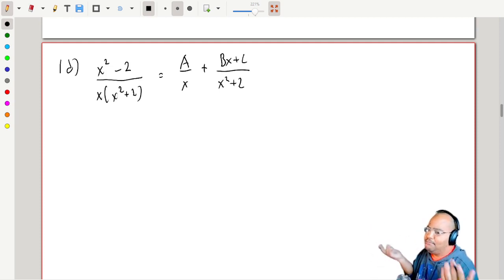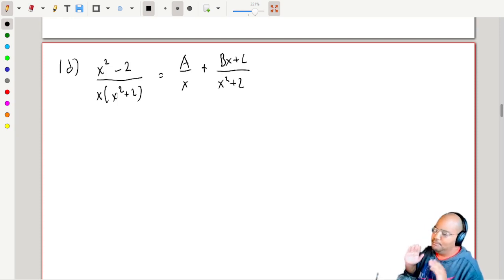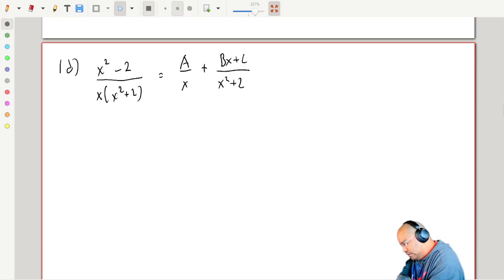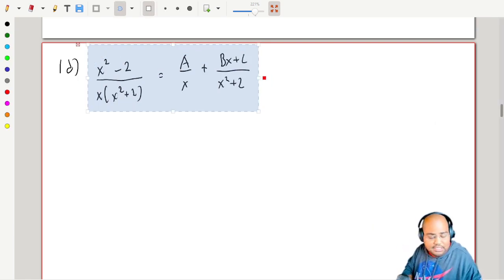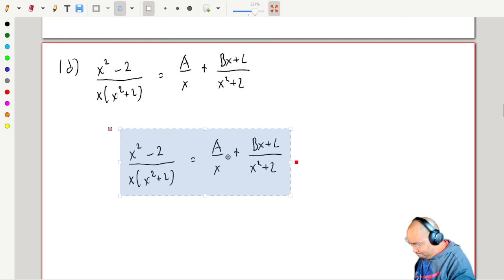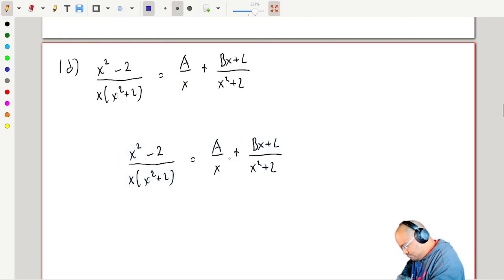It may be the case that c could be 0 or b could be 0, but certainly not both. All right, so now let's just go ahead, lasso this again. And we're going to multiply once again by the common denominator. We have x squared plus 2 times x. Multiply that on both sides here.